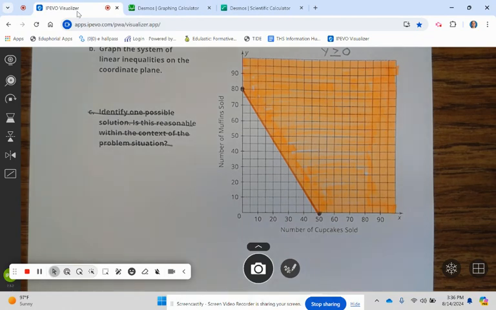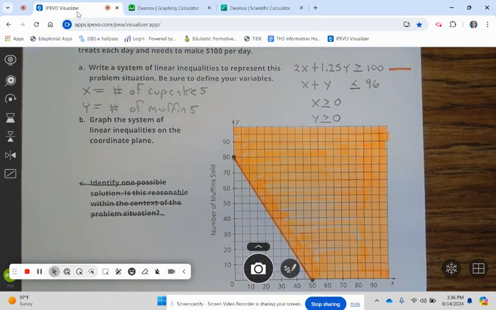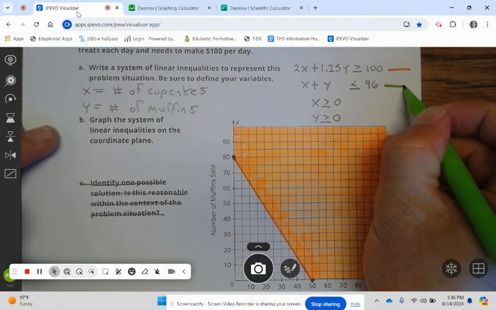All right. Now let's take a look at the next inequality, and let's go ahead and do that in green.